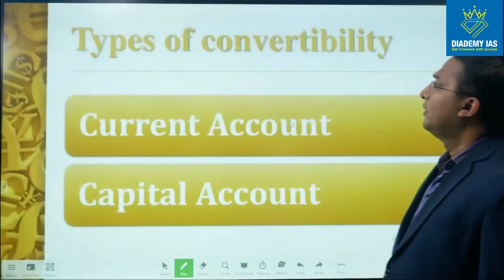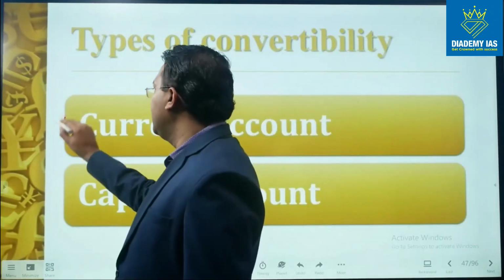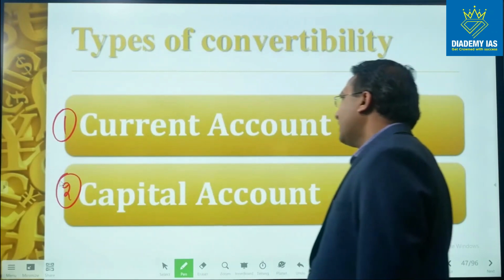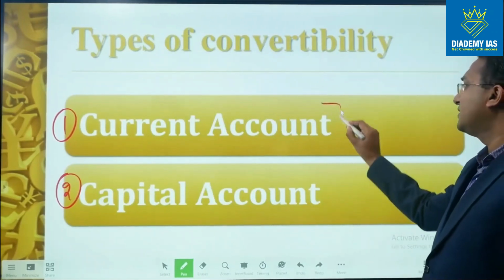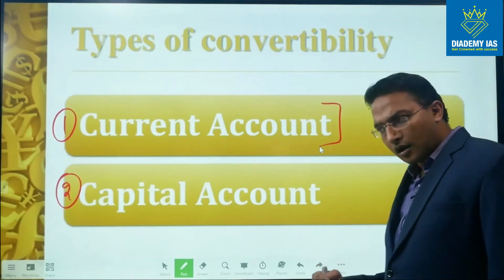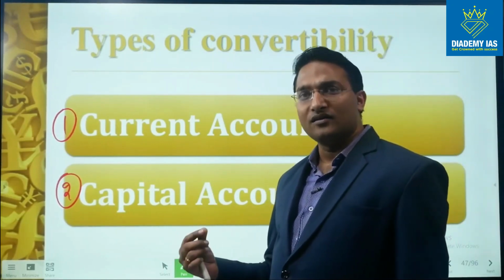Now, the types of convertibility are current account convertibility and capital account convertibility. Current account convertibility means there is no restriction on the convertibility of domestic currency into foreign currency or vice versa for all the current account transactions.